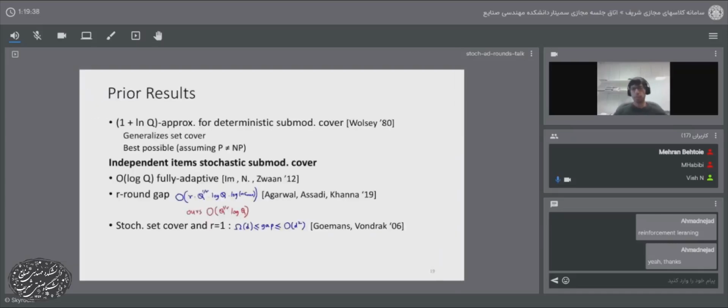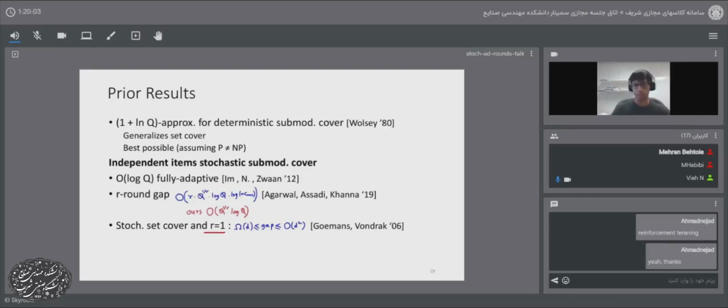And for the special case of the stochastic set cover problem, and even when the number of rounds is just 1, there was a paper by Goemans and Vondrák that investigated this, and where they showed that the adaptivity gap using just 1 round lies between D and D square, where D is the number of objects that you want to cover in set cover.